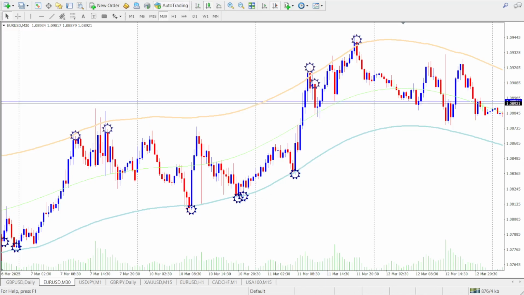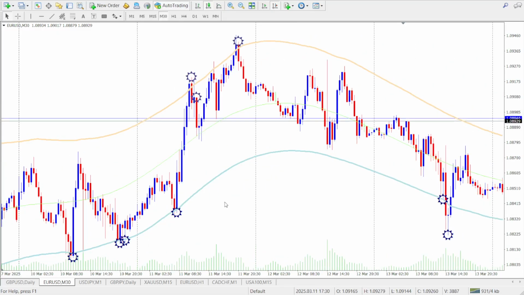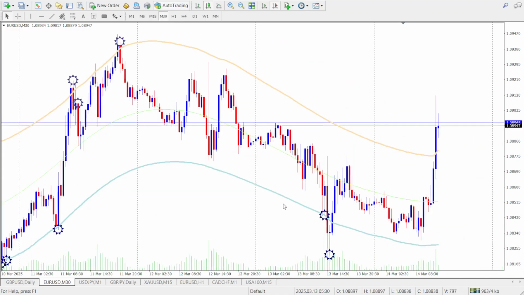A star appearing above a candlestick suggests a sell signal, while a star below a candlestick signals a buy opportunity. It also comes with a look back period of 55 bars, meaning it analyzes past price behavior to determine potential reversal points with better accuracy.